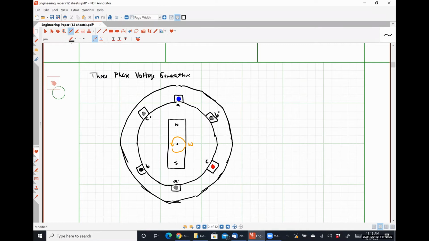We attach wires to these coils. So for instance, right out here, this would be my A terminal.